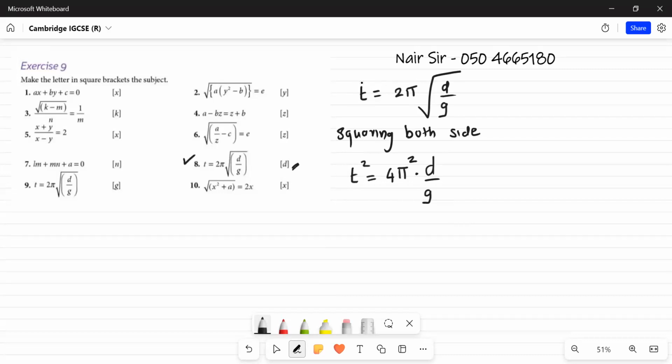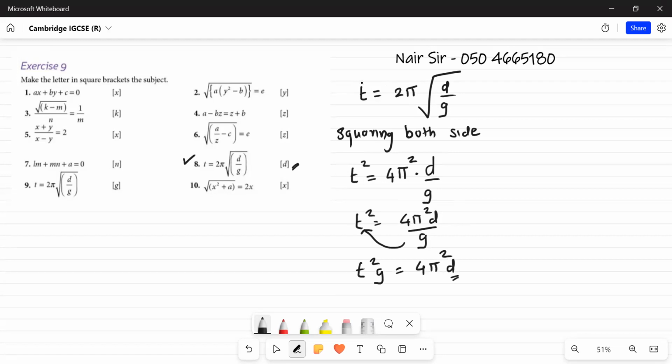This can be written as T square is equal to 4 pi square b upon g. This g is divided, so what will happen? This will go here and multiply. So this will become T square g is equal to 4 pi square b.